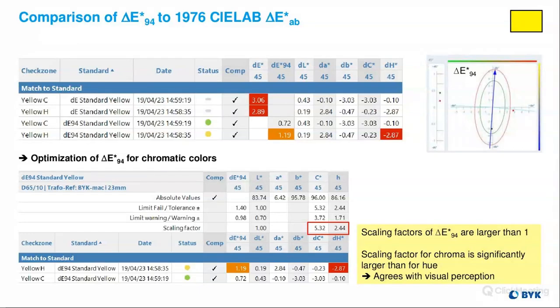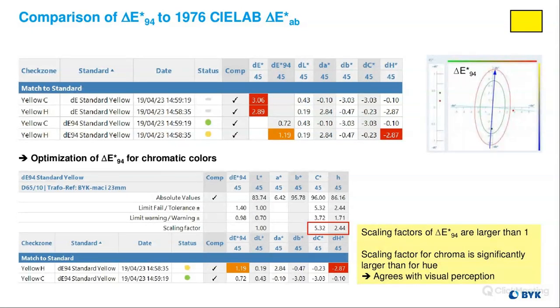When we look at chromatic colors, now our delta E star is 3.06 for our yellow that is more chromatic. And for our yellow that has a hue shift, we're getting a delta E of 2.89.